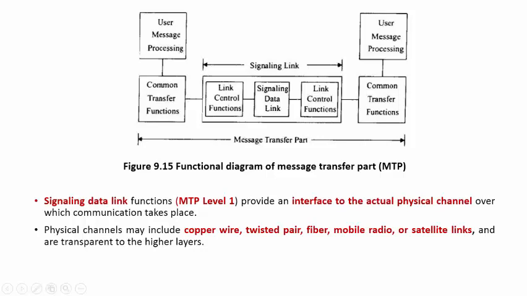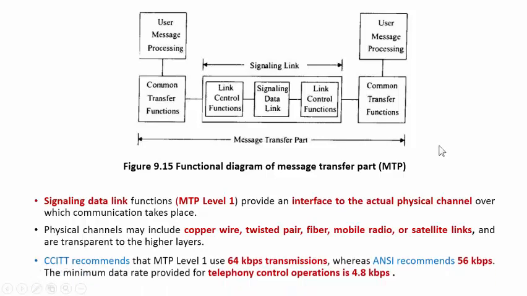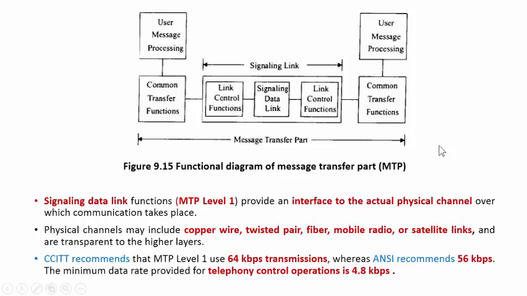The physical channel may include copper wire, twisted pair cable, fiber optic cable, mobile radio, that is wireless link, satellite link, and other media that are transferred to higher layers.